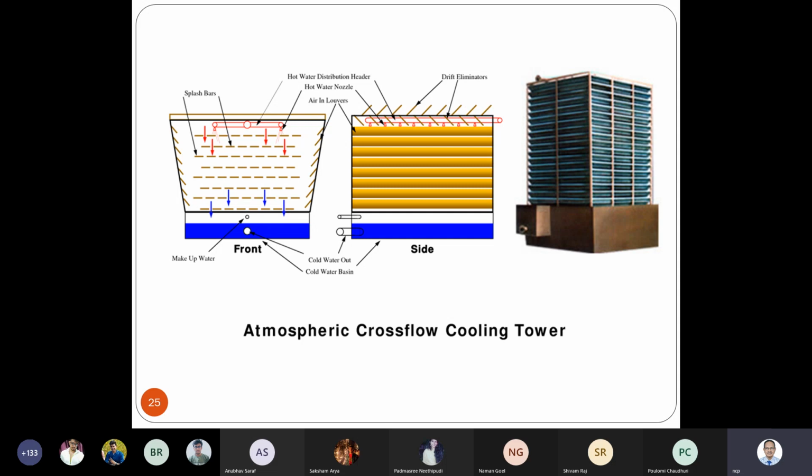You may also study this in your next semester in Masters Part 2, for humidification and dehumidification, right? So for cooling towers, the working principle depends upon humidification.